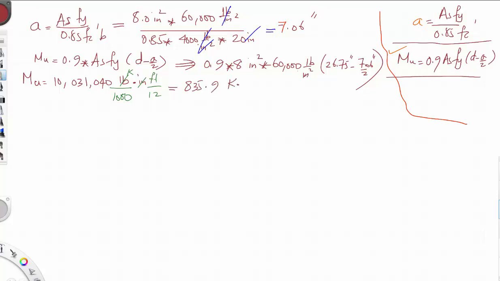That is kip foot. And this is why we are converting this to kip foot, to be able to compare it to the required moment. This beam can carry 835 kip foot, which is greater than what was asked for, 825 kip foot. So this is okay.